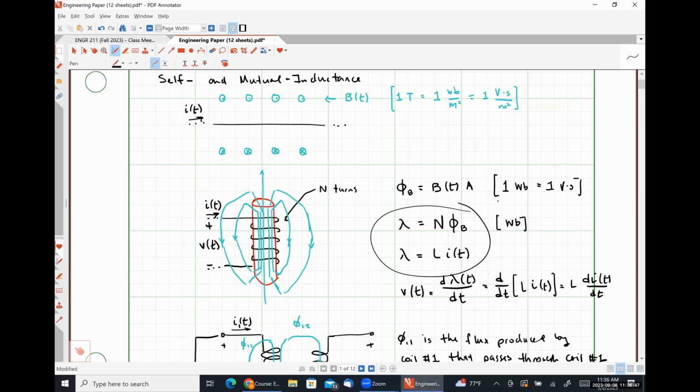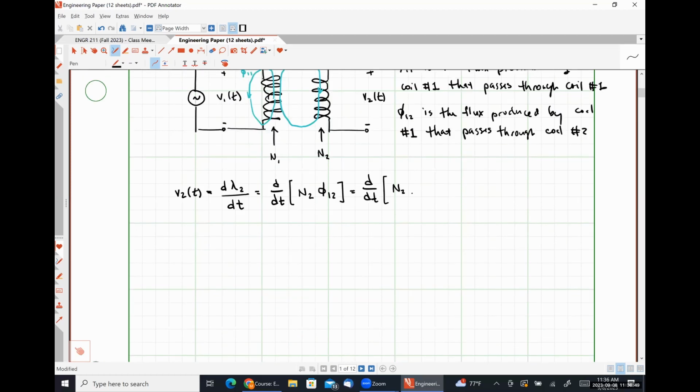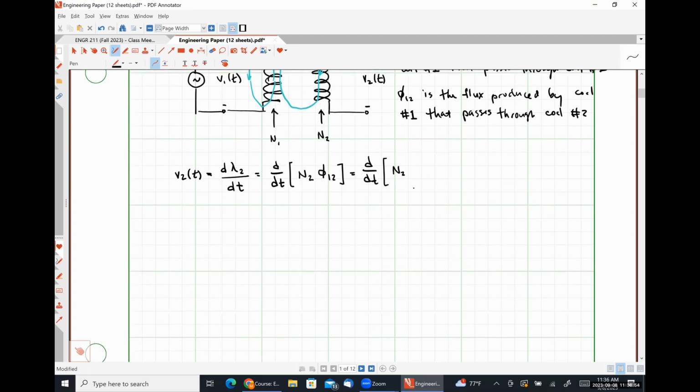So that's going to look like L1 divided by N1 times the expression down here. I'm running out of room.